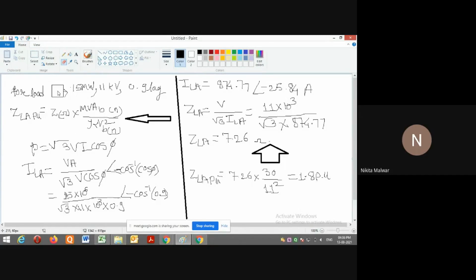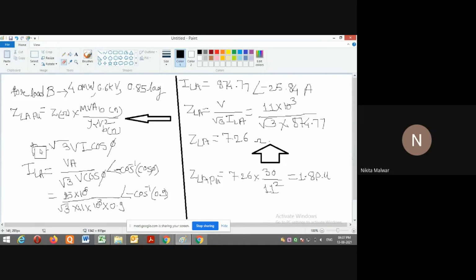Instead of it, here we will consider B. Now find for load B. The given values for load B are 40 megawatt, 6.6 kV and 0.85 lagging. Refer to this same formula.